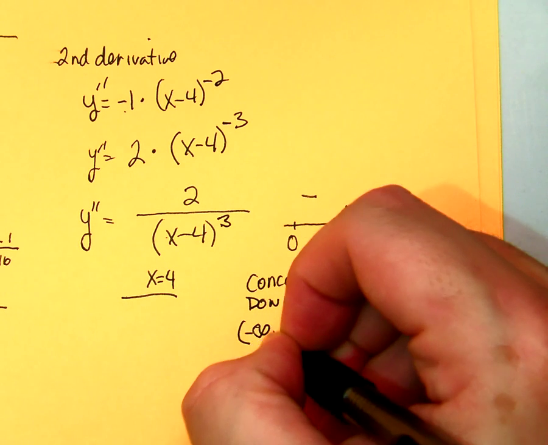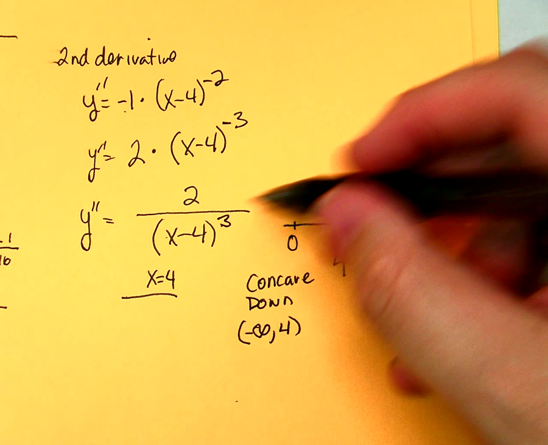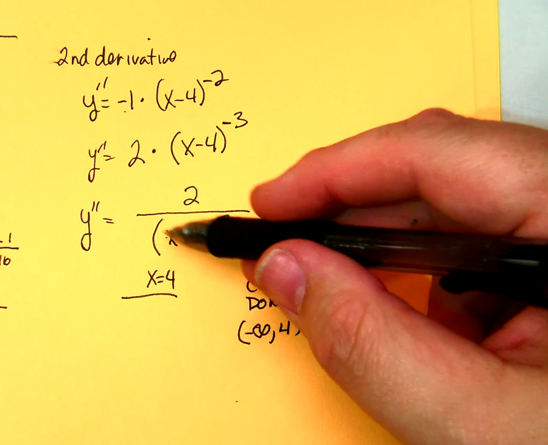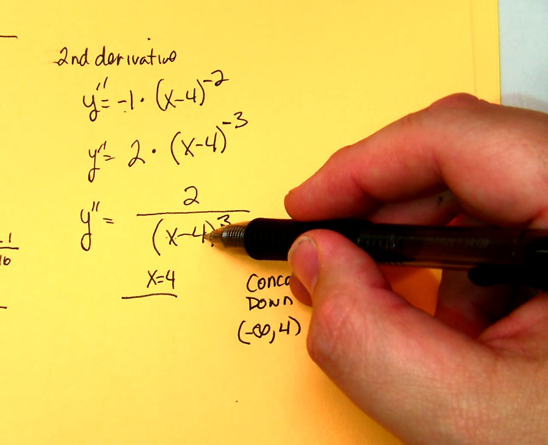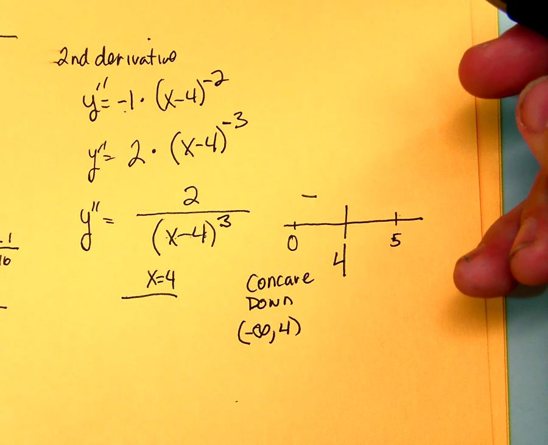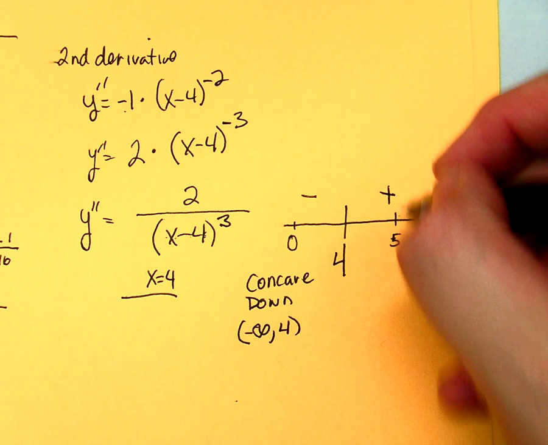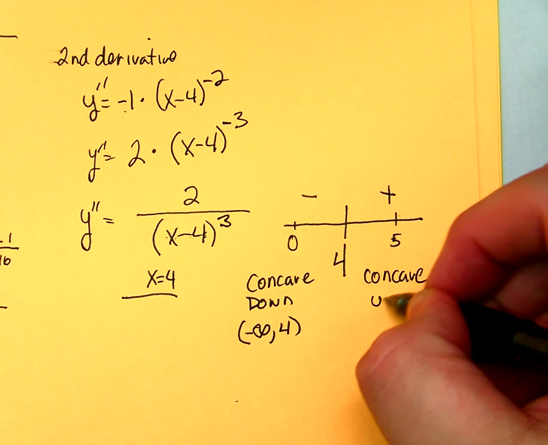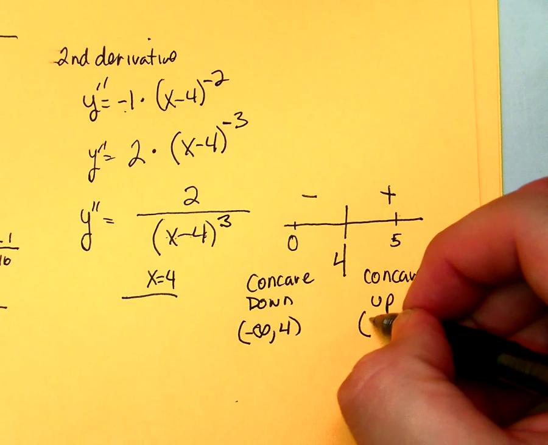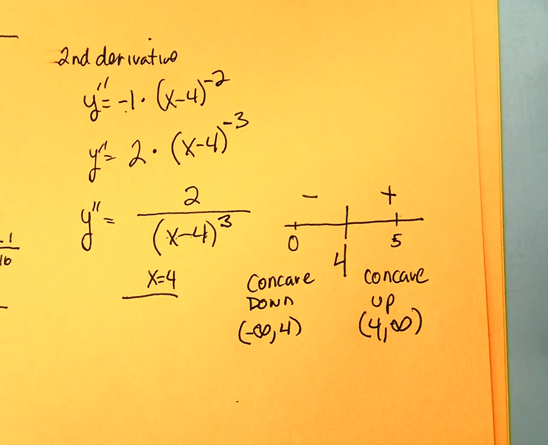Now, if I plugged in a 5, 5 minus 4 is 1, so that's positive. Anything positive to any power is positive. So it's concave up on 4 to infinity. So we were able to figure out all sorts of different things here.